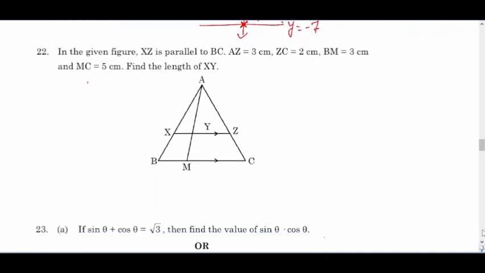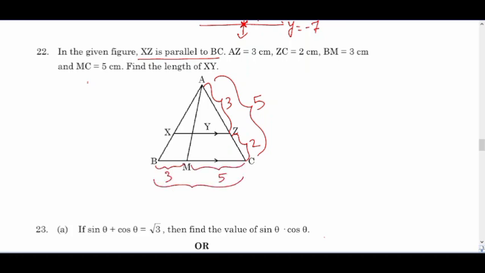Next question. We say XZ is parallel to BC. Now we use similarity of triangles. AZ is 3, ZC is 2, so AC is 5. BM is 3, MC is 5, and this whole part is 8.